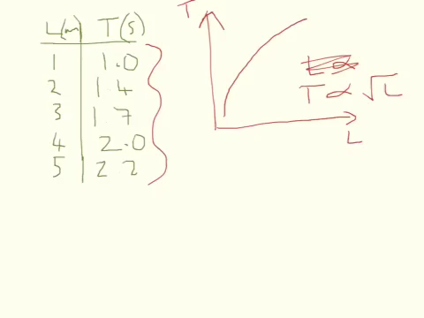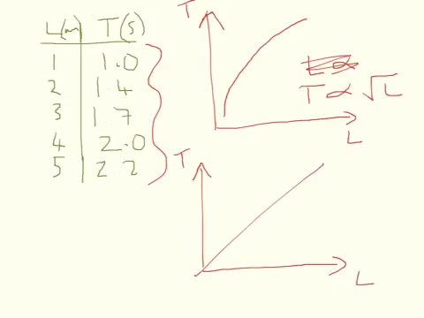Keeping it really simple. If you're confused, you'll have to re-watch and think about it and try some examples yourself. So you get a straight line, T against square root L, and you're trying to find the gradient of that to get to the equation.